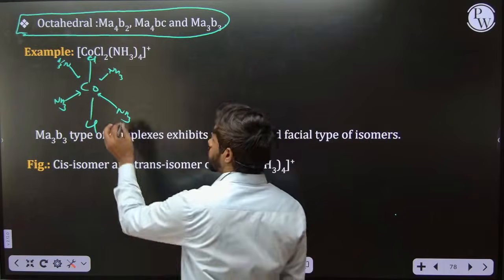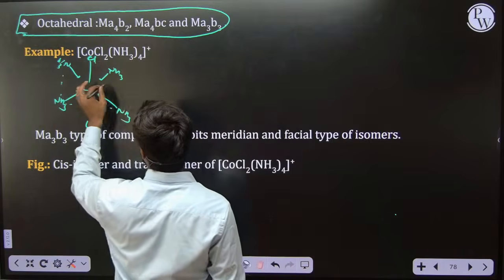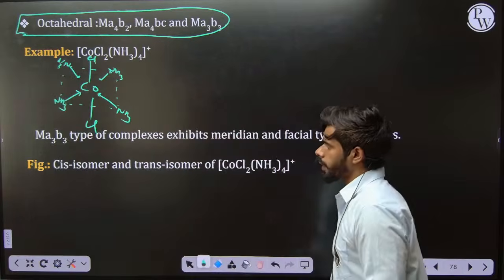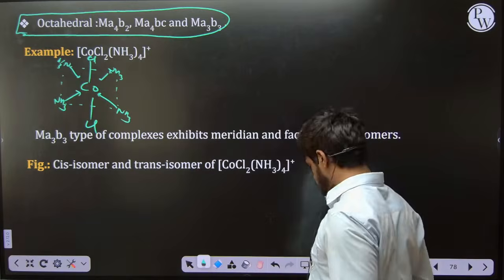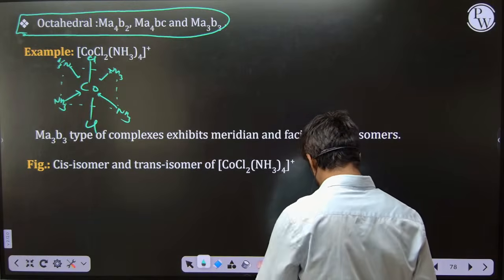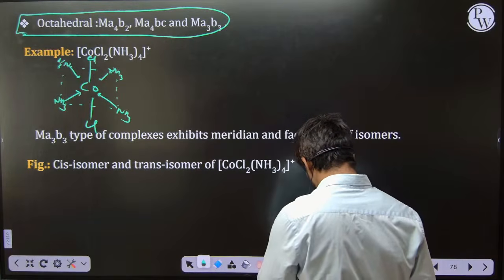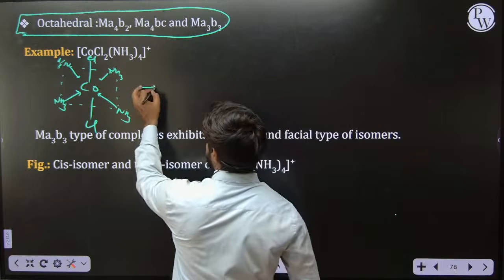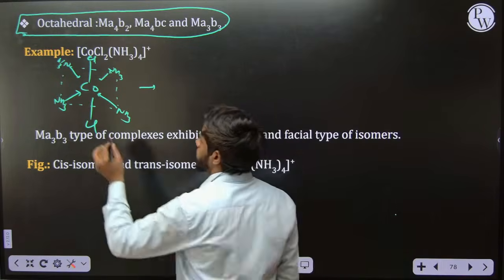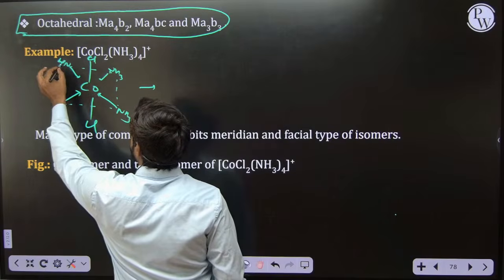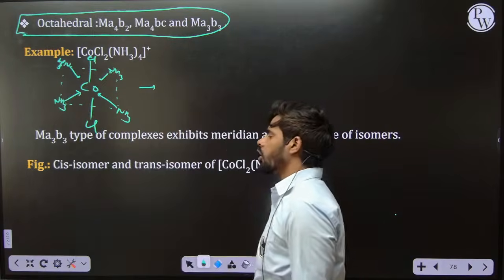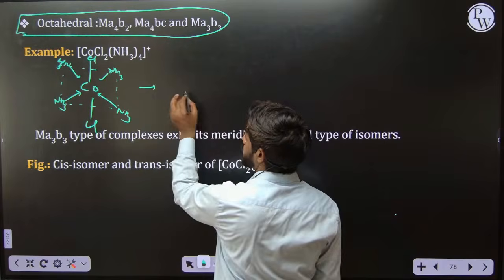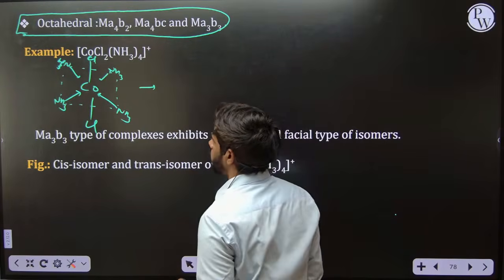So here we can say it is an octahedral complex, and this is one geometry we can form.